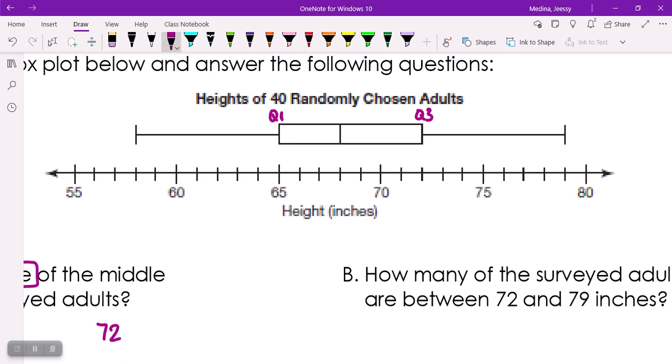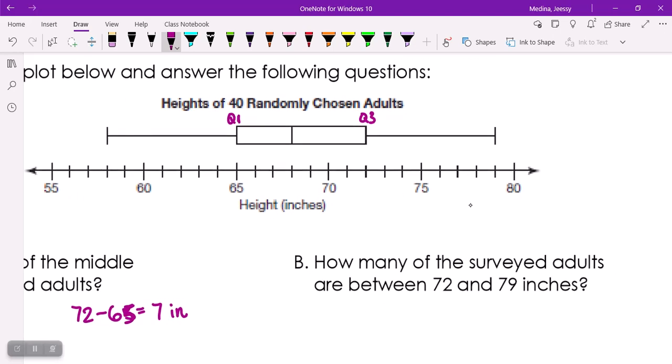So all you have to do is 72 minus 65, which is 7 inches. The height range of the middle 50% of the data is 7 inches. From the shortest person to the tallest person in that range, there's only a difference of 7 inches.